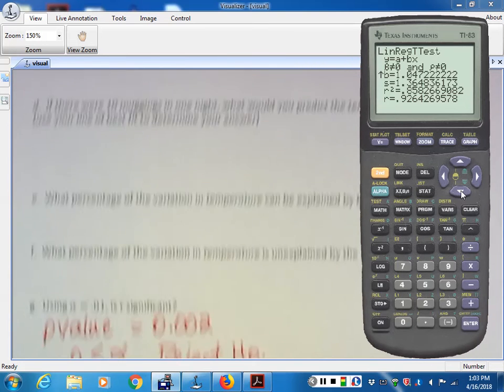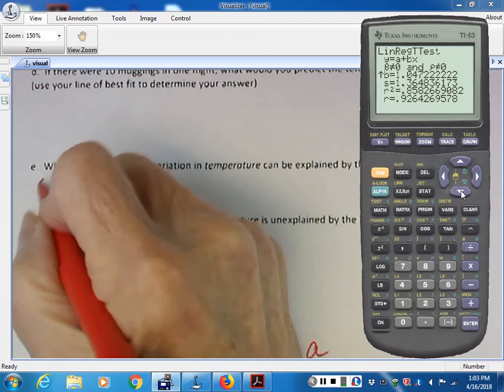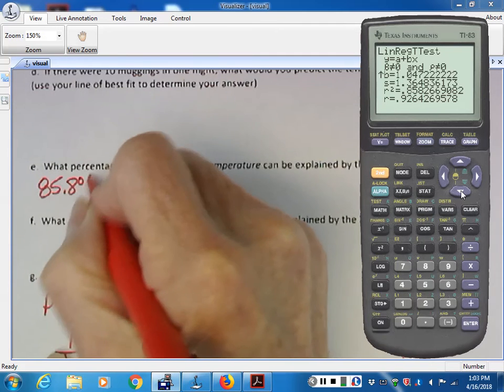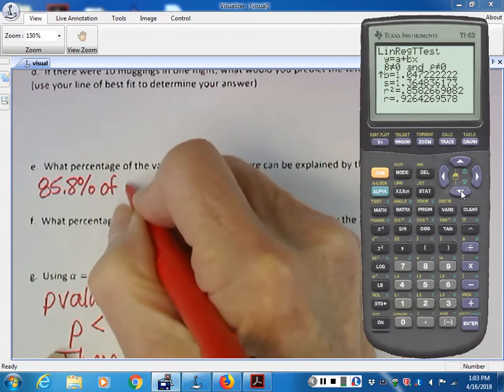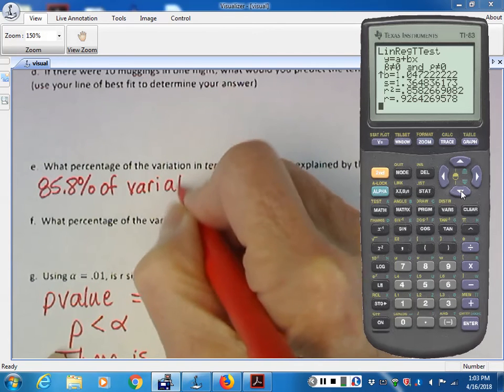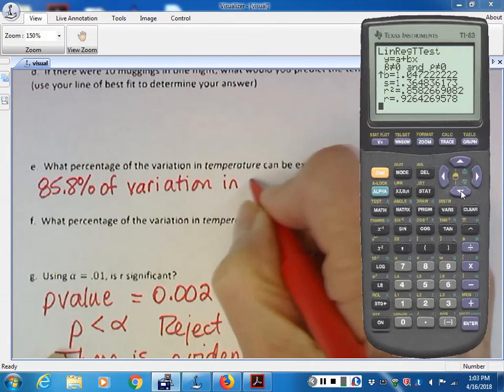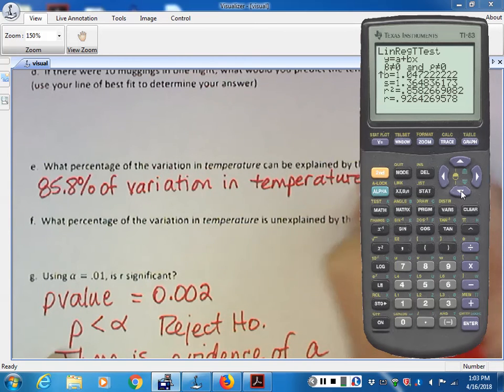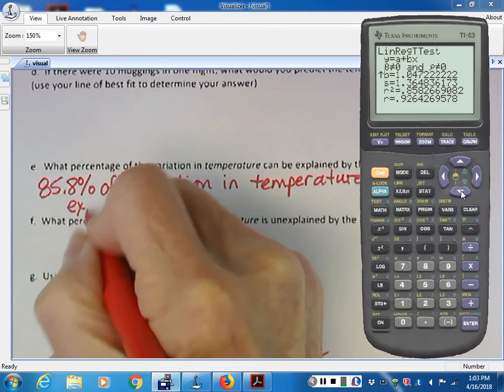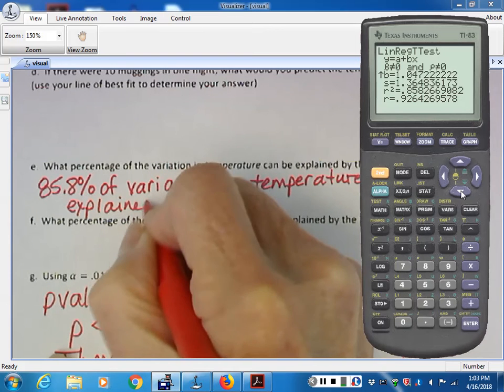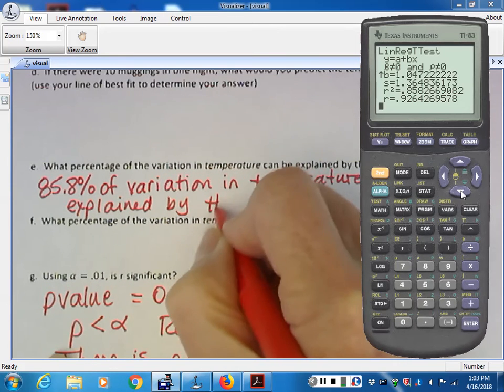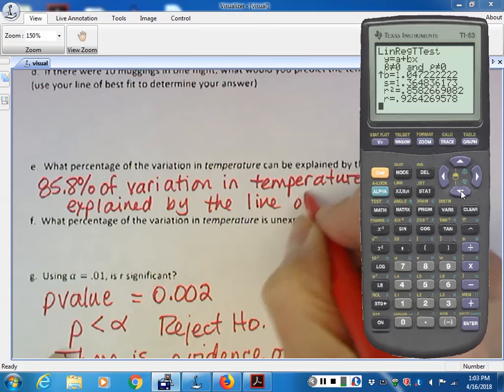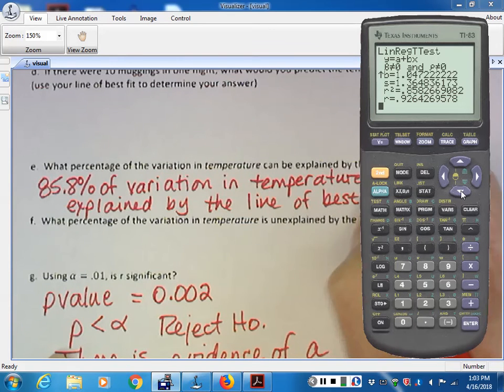Which, coming down here to question E, says 85.8% of the variation in temperature can be explained by the line of best fit.